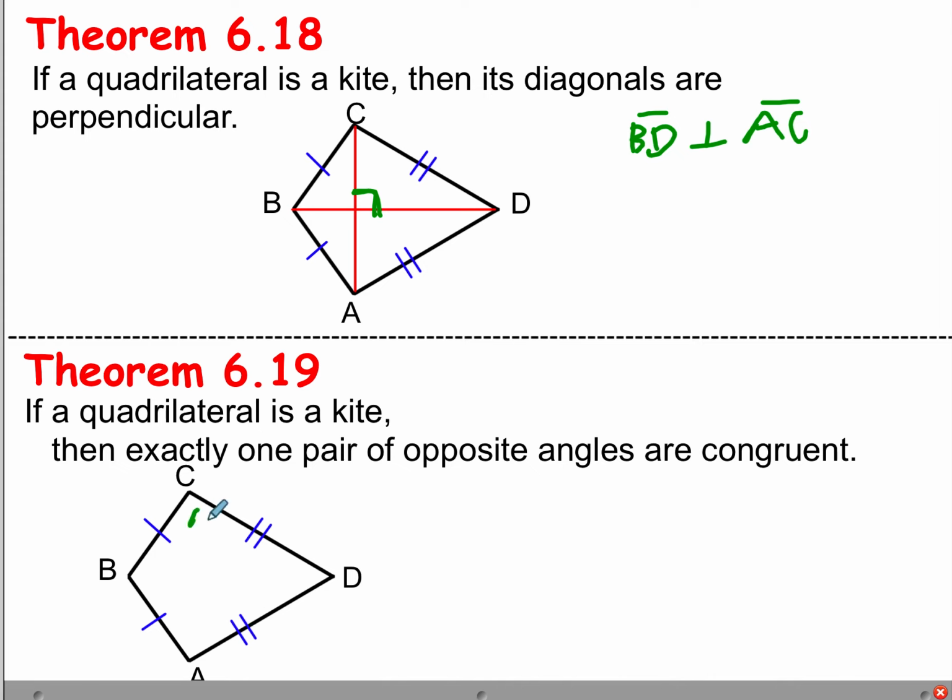But if I look at this pair of opposite angles, those do look like they're the same. And in fact, they are. So in every kite, there's exactly one pair of opposite angles that are congruent. And in this kite, it's angle A and angle C.